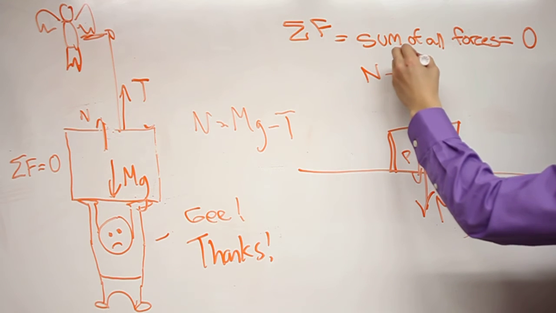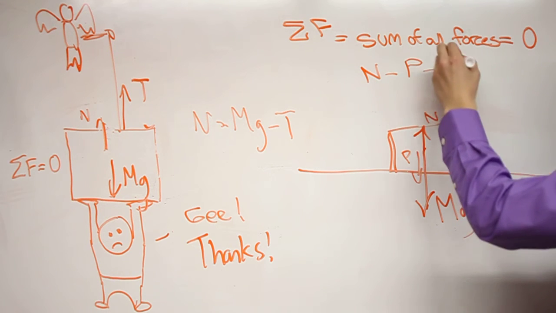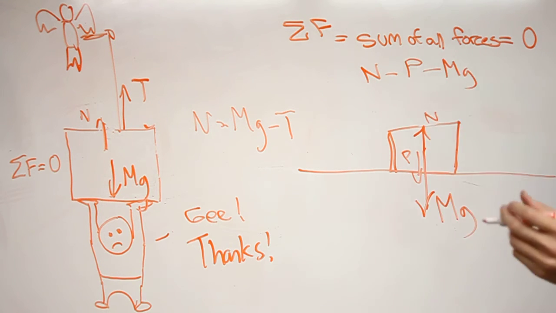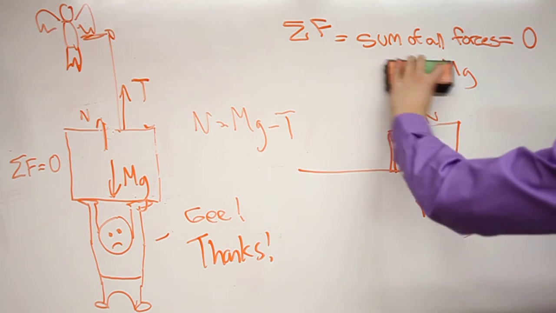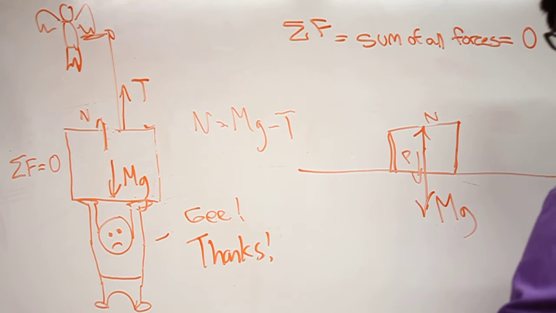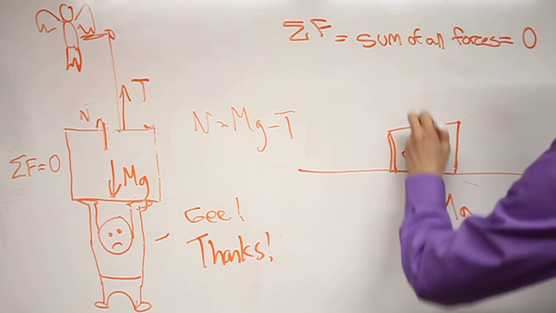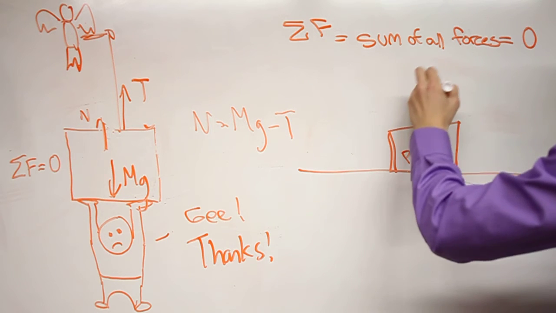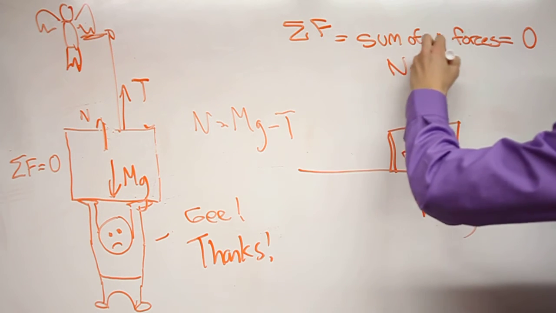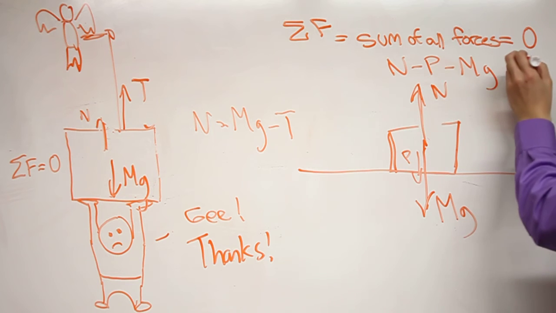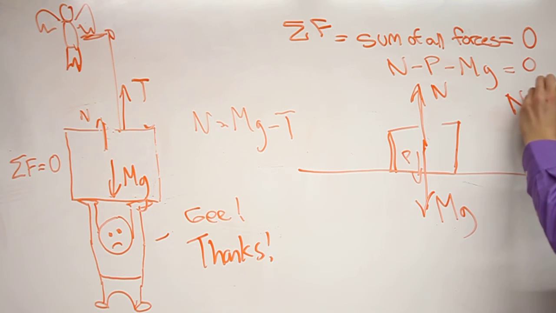N minus P minus mg. Because P is downwards, N has to supply even more, so it's longer now. So N minus P minus mg equals 0. So N equals P plus mg.